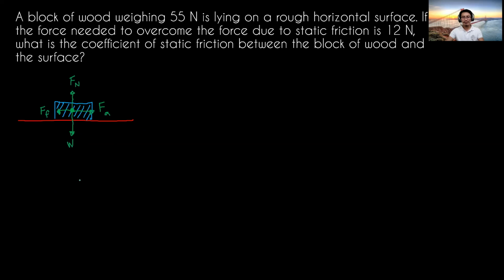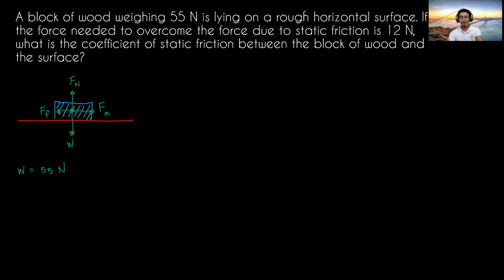So let us determine the required and the given variables. First given, we have a block of wood weighing 55 Newton, so that must be the weight of the object, which is 55 Newton.